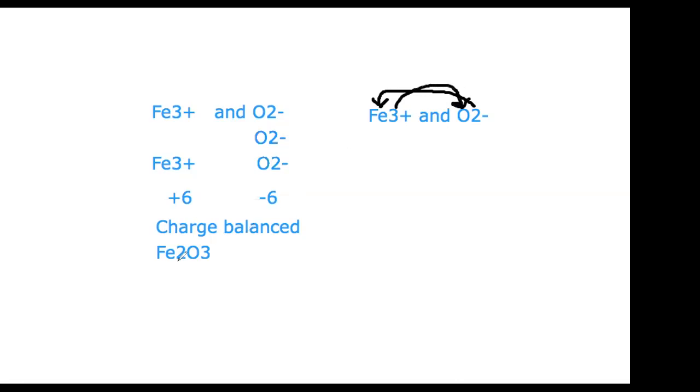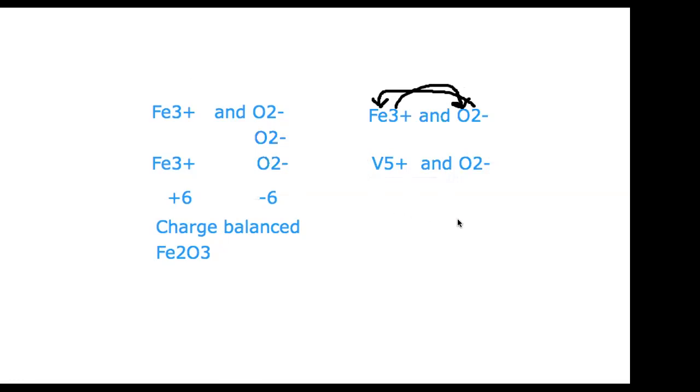And that's exactly how it worked out over here. So let me give another example. Vanadium tends to form a 5+ charge, and oxygen, then what would be the formula? How would they combine? V what and O what?